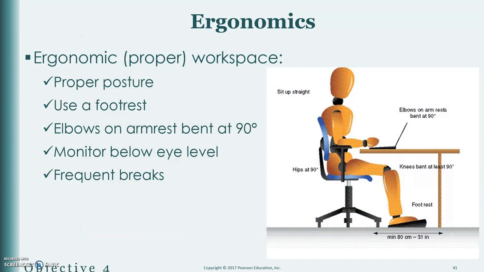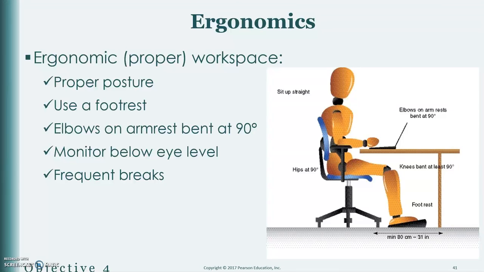So the book would like for me to talk to you a little bit about ergonomics. Ergonomics is the relationship between users and their workspaces. Ergonomically designed workspaces are intended to maximize productivity by minimizing operator fatigue and discomfort. Proper ergonomic design considers posture and monitor location.